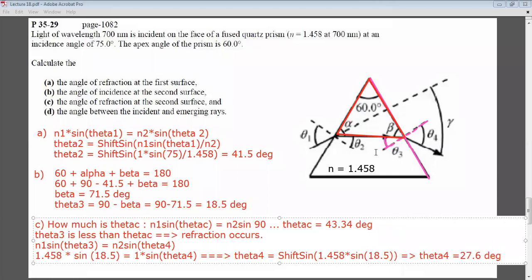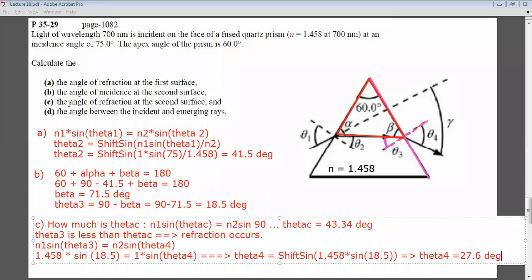They will tell you to calculate what will happen to the light after this beam hits the second surface. Then you have to see if the angle is higher than theta critical, then total internal reflection will happen with an angle equal to the incident angle. And if it is less than, refraction will happen just like what happened in this problem.